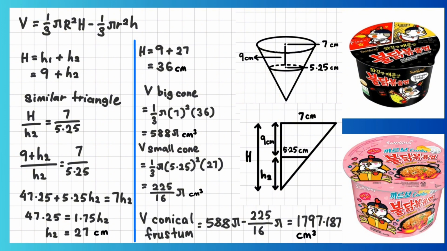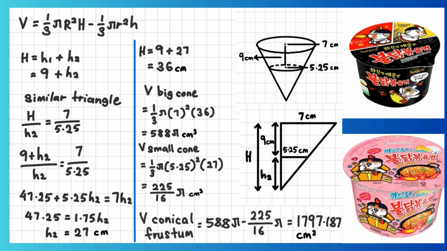And we get the answer for the height for the small cone is 27. Then we insert the answer earlier into the first equation to find the height for the big cone. And we get the answer for the height for the big cone is 36.